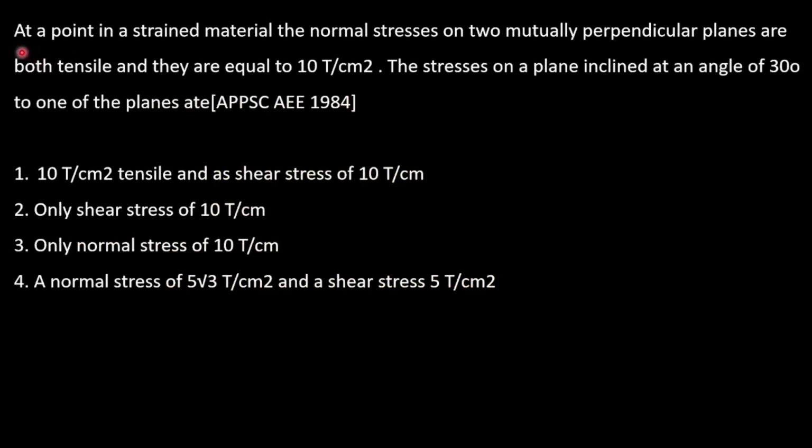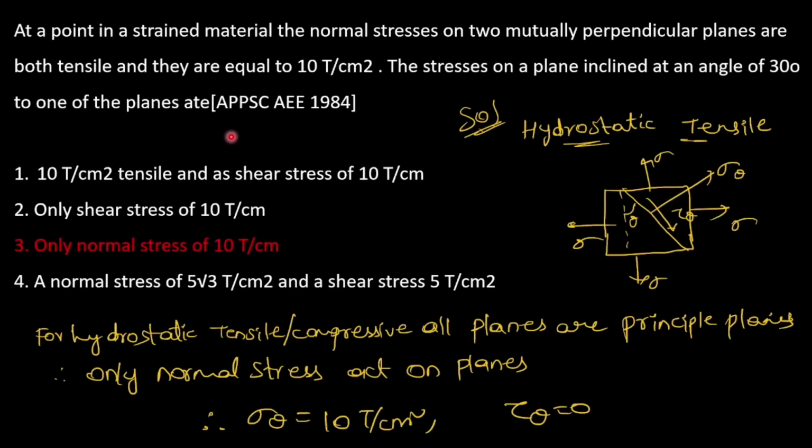Next question. At a point in a strained material, the normal stresses on two mutually perpendicular planes are both tensile and equal to 10 tonne per centimeter square. The stress on a plane inclined at an angle of 30 degrees to one of the planes is.